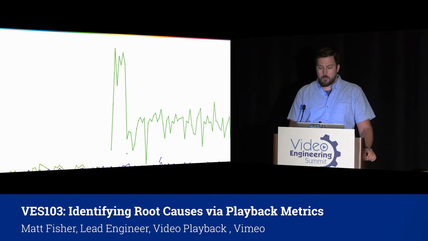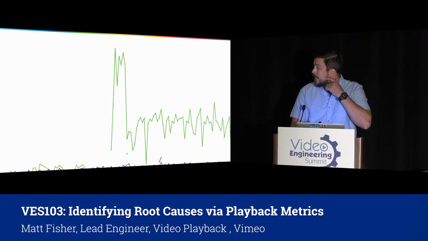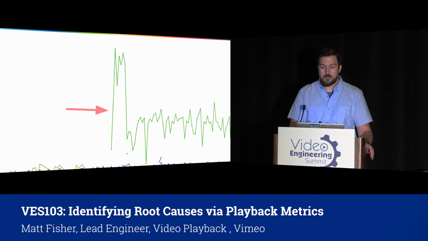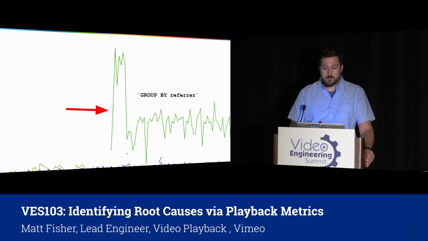So with that in mind, one of the first questions I come across when I look at this is, I need to start breaking this down. And as you can see, the very first query I broke this down on isolated that same graph in this manner. That was specifically grouping by referrer, being able to identify if one customer or one implementation of a player was the core contributor to this issue.